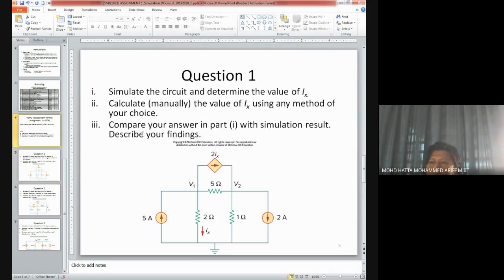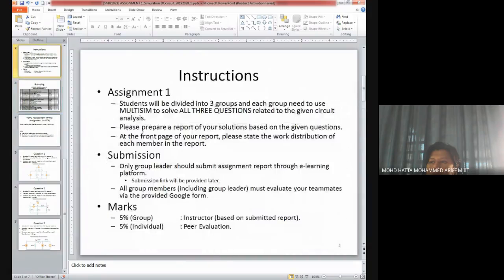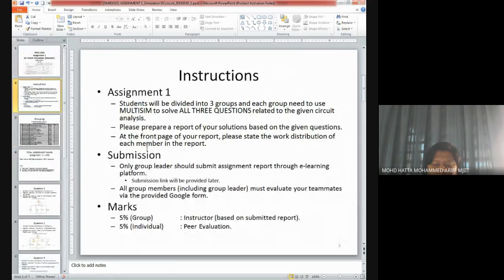Okay, we have 3 questions, and please make sure during the evaluation, if your team member or group member did not support you in order to finish this assignment, please assess your team member fairly. If he gives full support, you can give high marks to him or her.